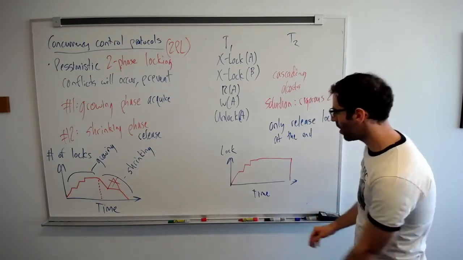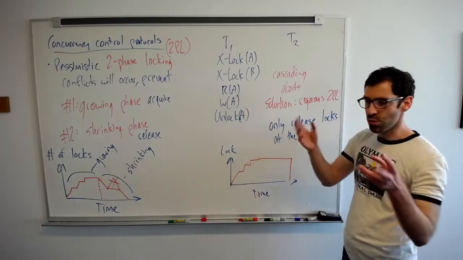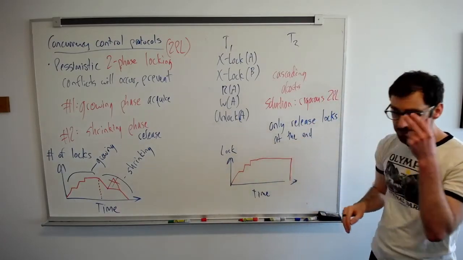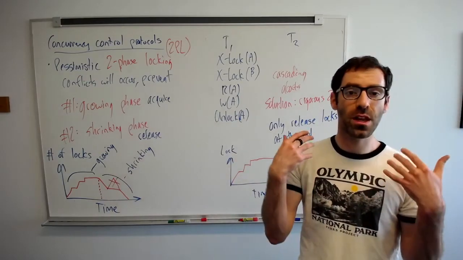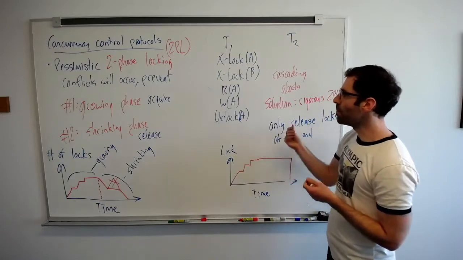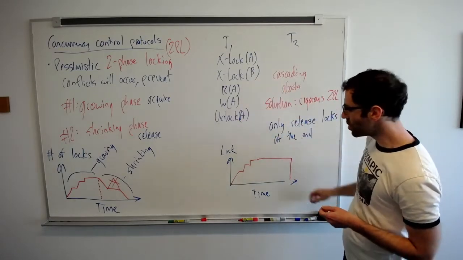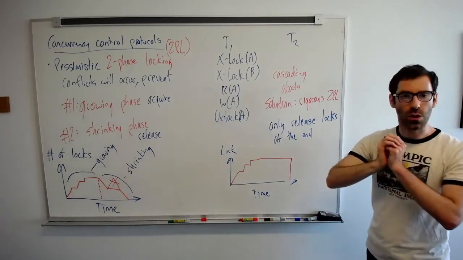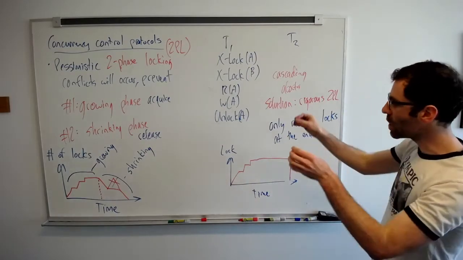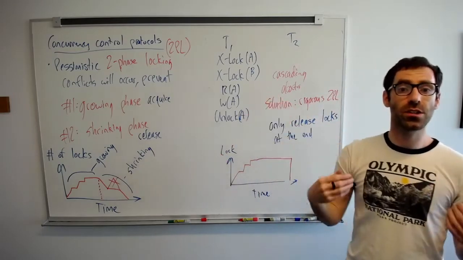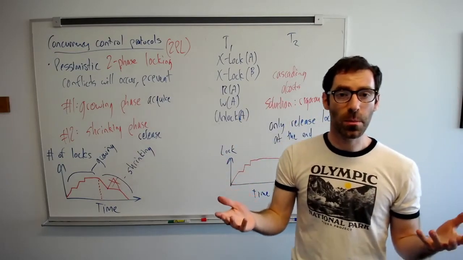Otherwise, once you enter the shrinking phase, you're not acquiring any more locks, but you're not releasing them at all until the end. And so this means that other transactions that want to access those resources would have to wait until you are completely done, until you are committing, so that any changes you made are now real. They're now committed, and so other transactions that see those changes won't have to potentially abort in these cascading abort situations.